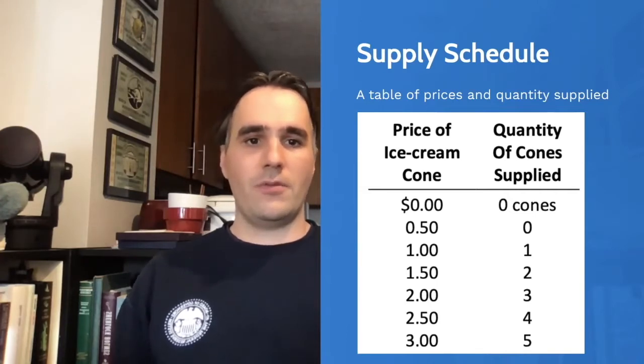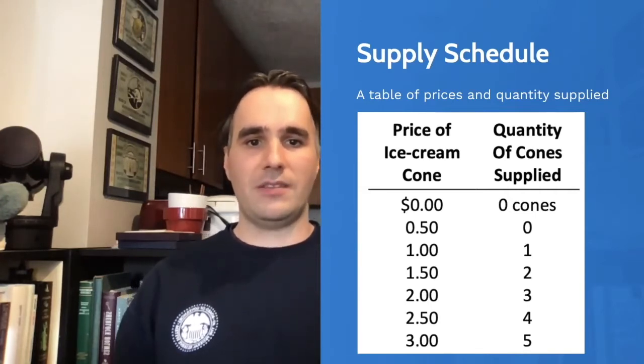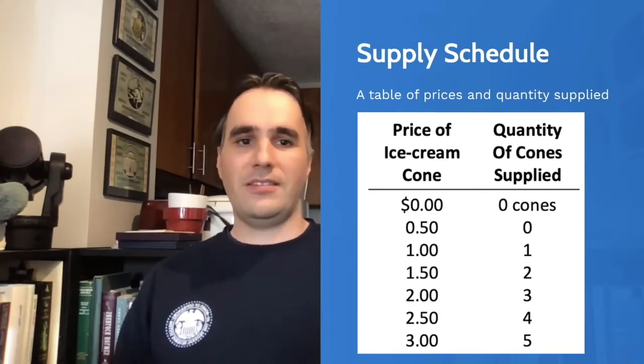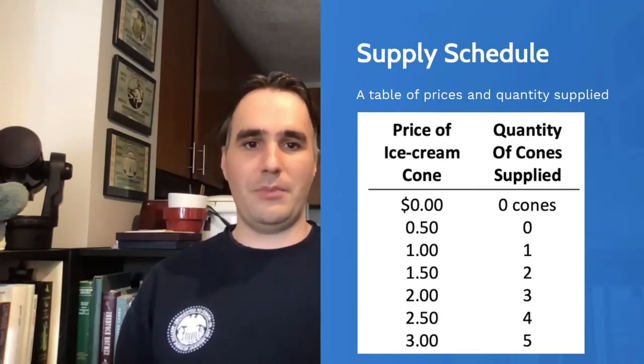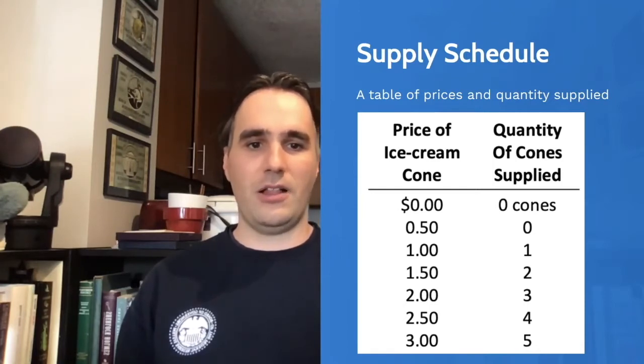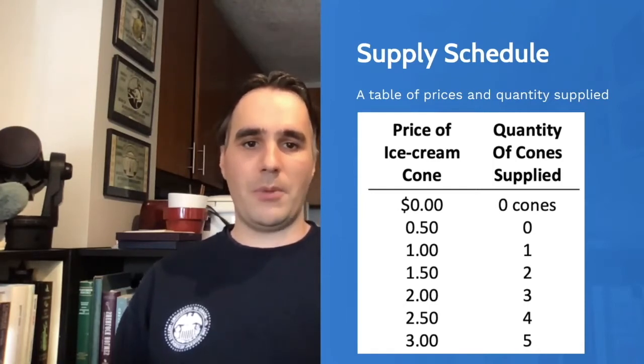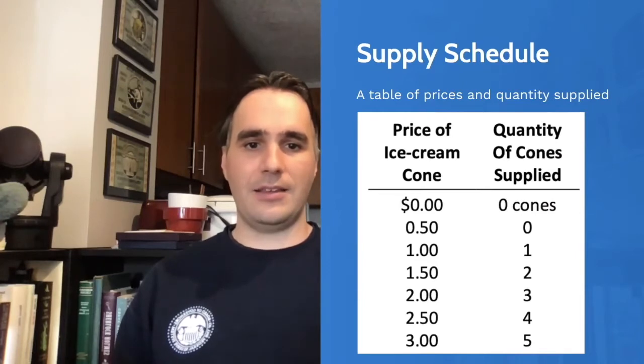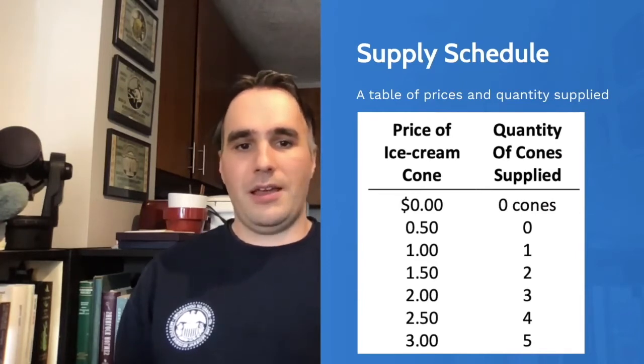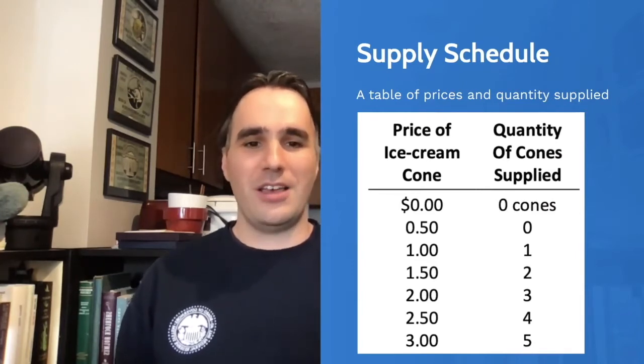Remember that before, demand was highest when the price of ice cream cones was $0, but here the seller doesn't want to sell any ice cream cones if the price is $0. And remember that demand was lowest at $3, but here supply is highest at the price being $3.